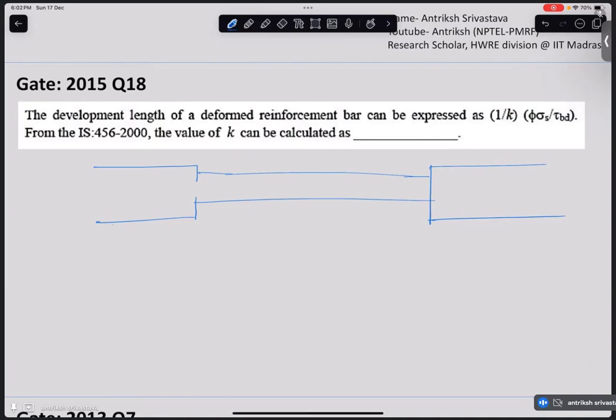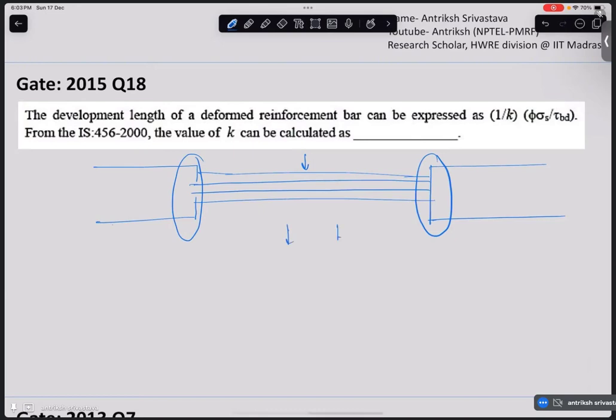And then there are a lot of reinforcement bars provided inside this particular beam to support the loads that we are giving. Now if we want the structure to be safe, the beam may be able to take the load, but if it is not properly bonded with the supports, it may fall, right?